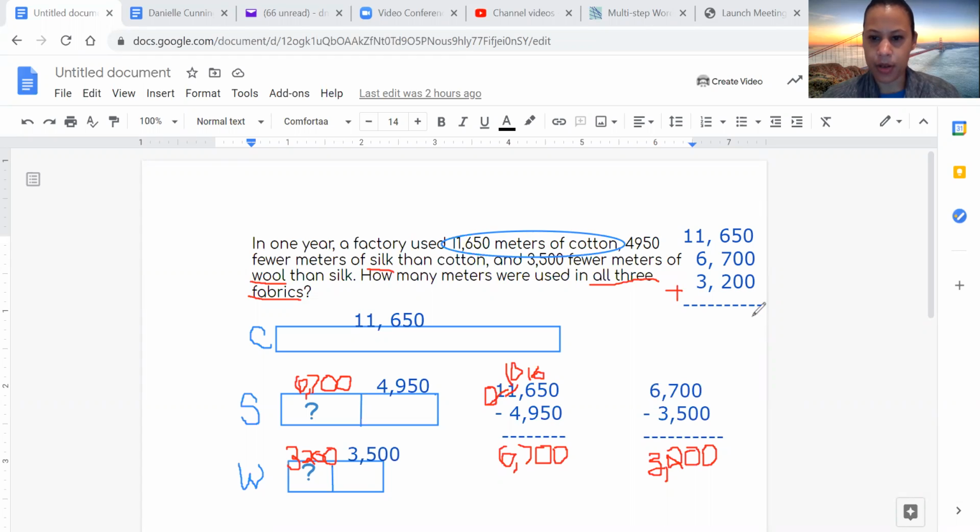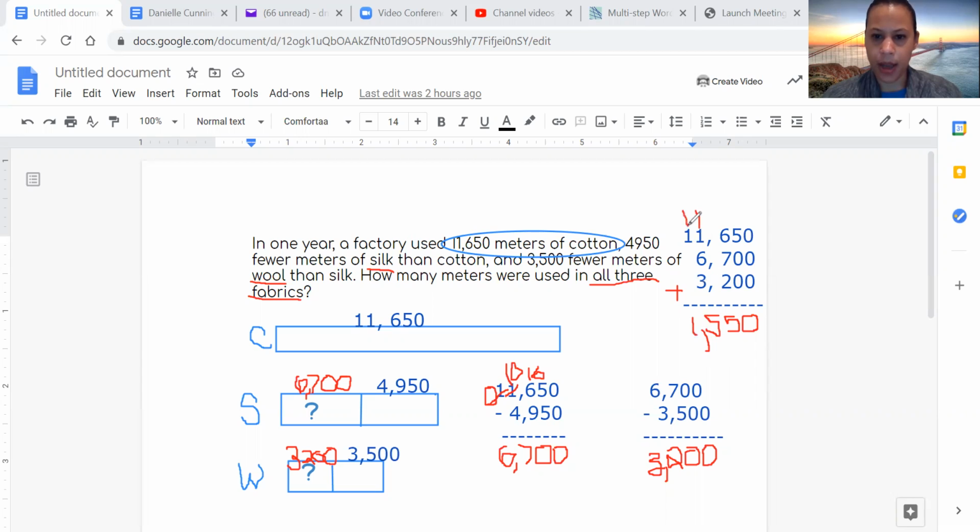So you have your 0 here, your 5 here, and then 7 plus 2 equals 9. So 9 plus 6 would equal 15. Carry the 1. Then you have 1, 2, 2 plus 6, 8, 9, 10, 11, 11.